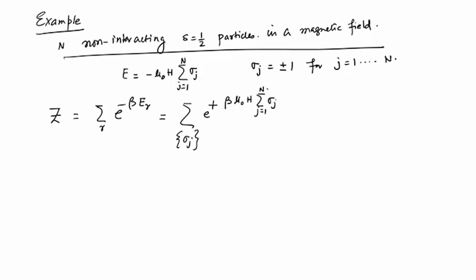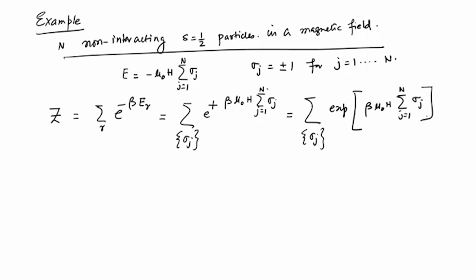Okay. All right. So, let me write it in a more familiar fashion, because you are seeing a sum in the exponent as well. I just write it as exponential of beta mu naught h times the sum over j equal to 1 to n of sigma j. There is a double sum there. One sum is outside, which tells us that we should sum over two possibilities of sigma j.